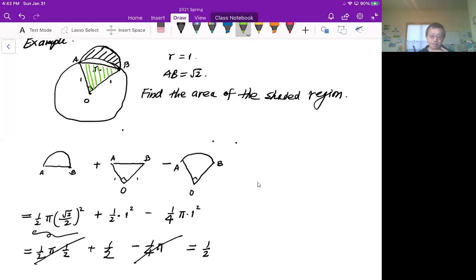So you're changing the area of the right triangle to the area of a very strange shape, looks like a moon, and the two areas are actually the same. Can you see that? So just make sure you know this.